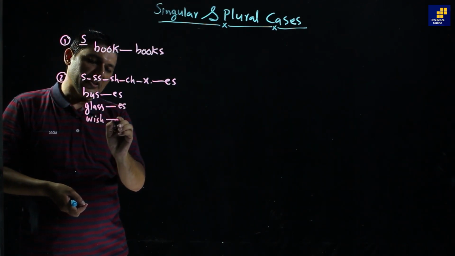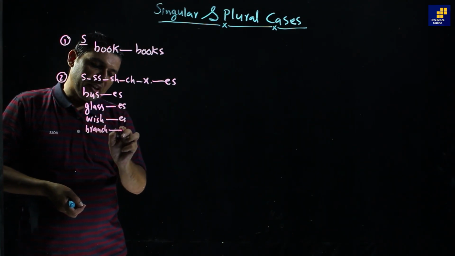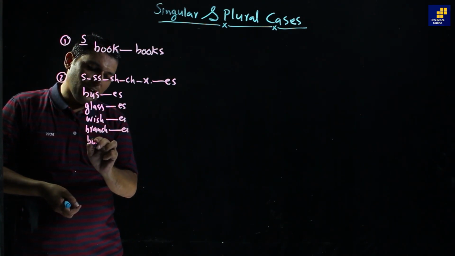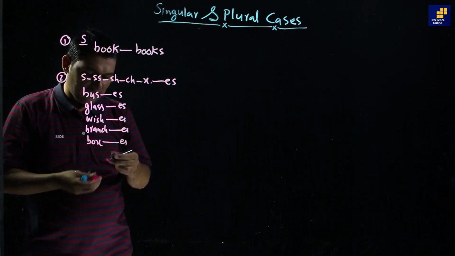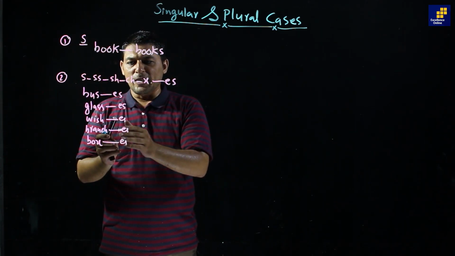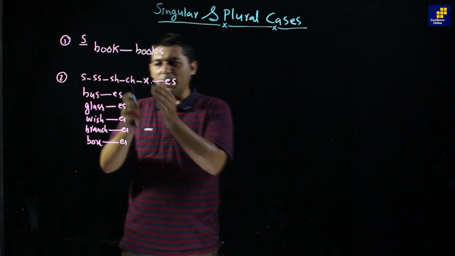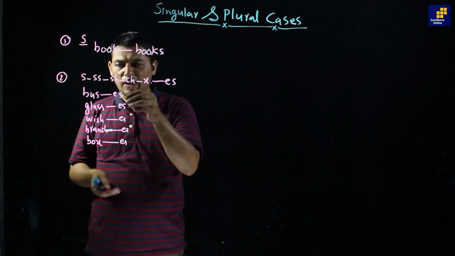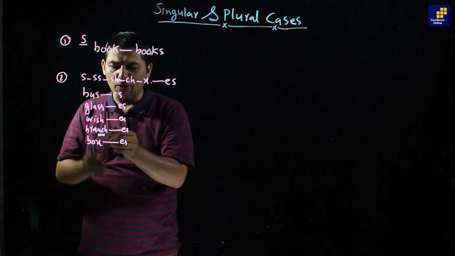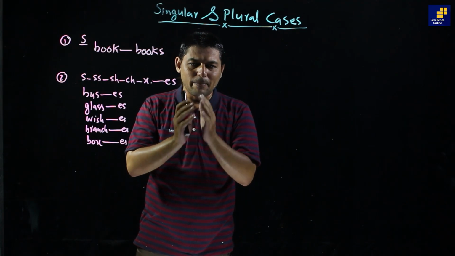Wish, wishes. Branch, ch, then es. Box, x, then es. Apart from these examples, we have hundreds of words where you will apply this formula. Some words take double s or sh or ch or x at the end of them. You will use es to make them plural.